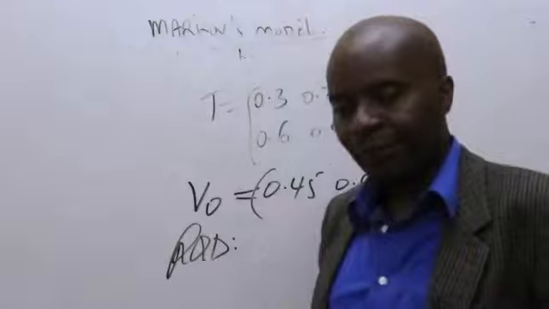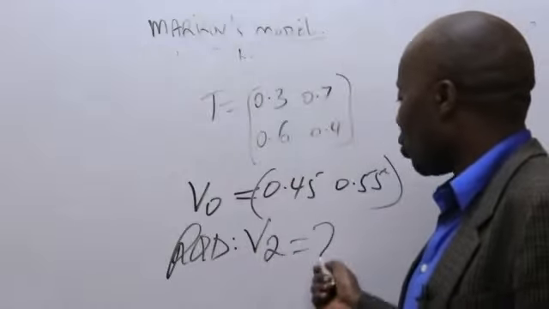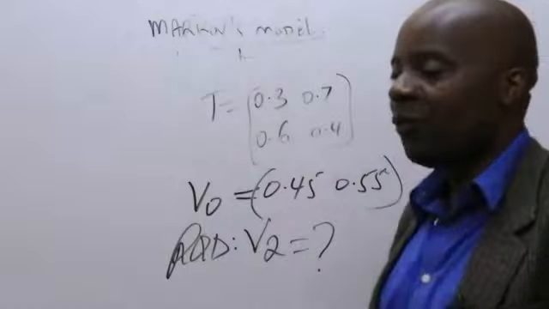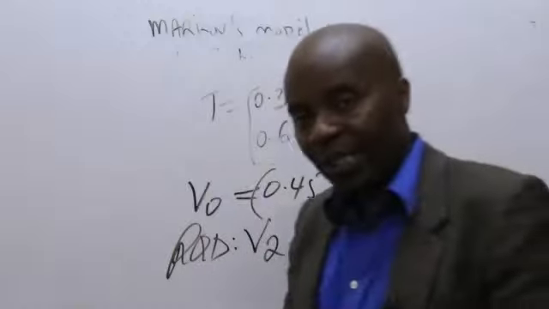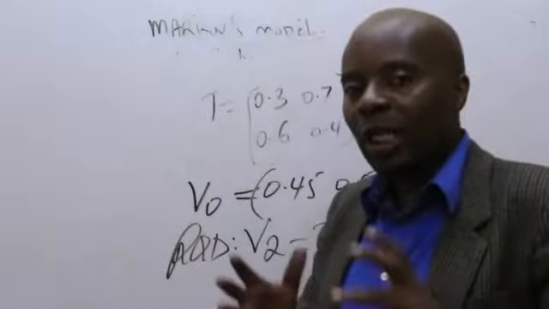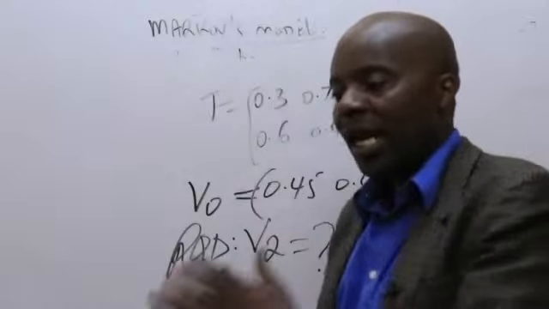So, required, I want somebody to run with this ball and give me vector 2. Vector 2, this could be after the movements. Where do we expect these customers to be at the end of year 2?